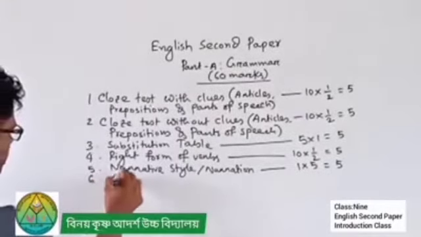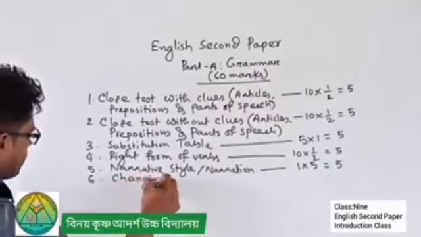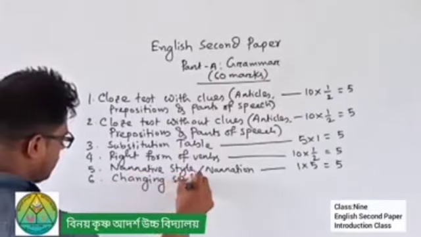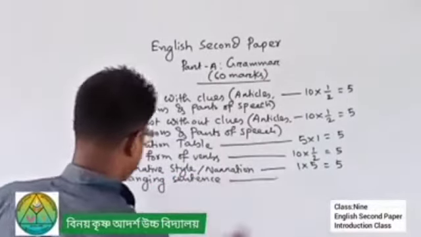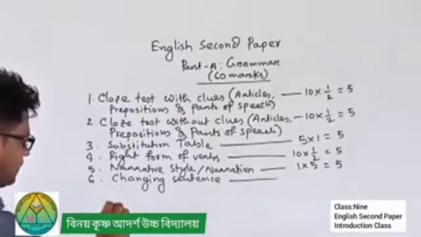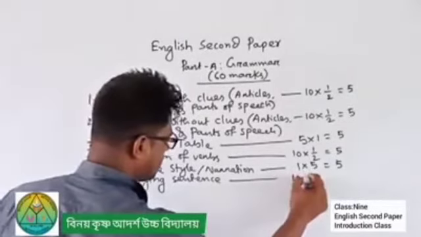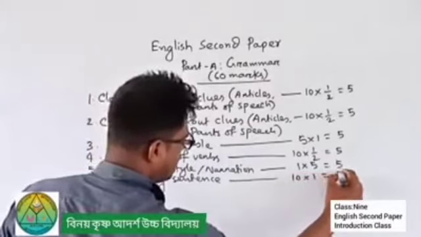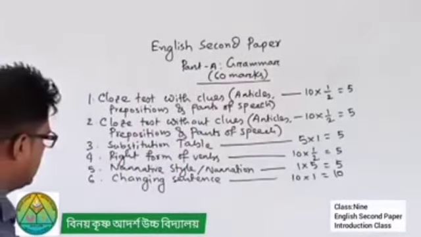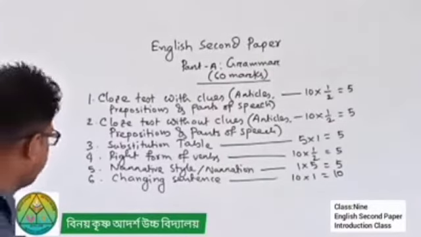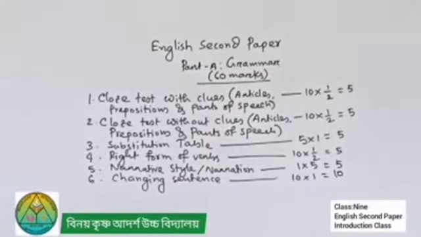In question 6, you will find change in sentence, that is transformation of sentence without the change of their meaning. You will get 10 marks in this item because 10 sentences will be given to you, and if you can transform the sentences according to the directions of the question, you will be prized 10 marks.